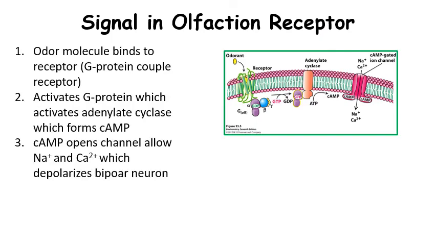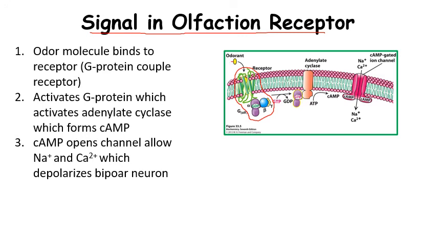All right, so signaling in the olfactory cell. Right, here is the receptor. Okay, and these are G protein coupled receptors, GPCRs. This would be located on those little hair-like regions of that sensory cell.